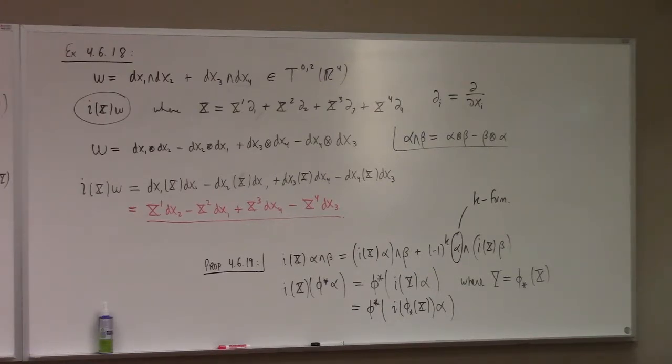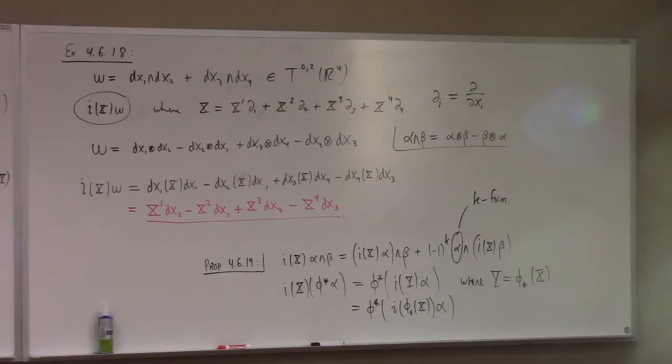Let's see here. So I'm just going to put the definition down, and I'll talk about the ingredients here. So we have T, an (r,s) tensor field on R^n, and X, a smooth vector field.